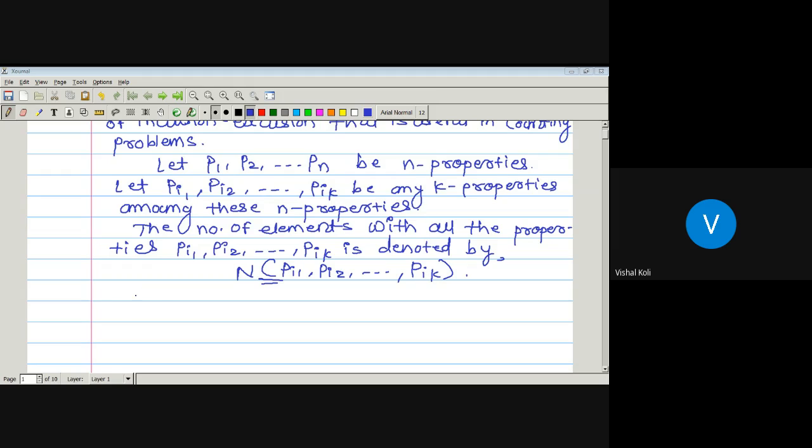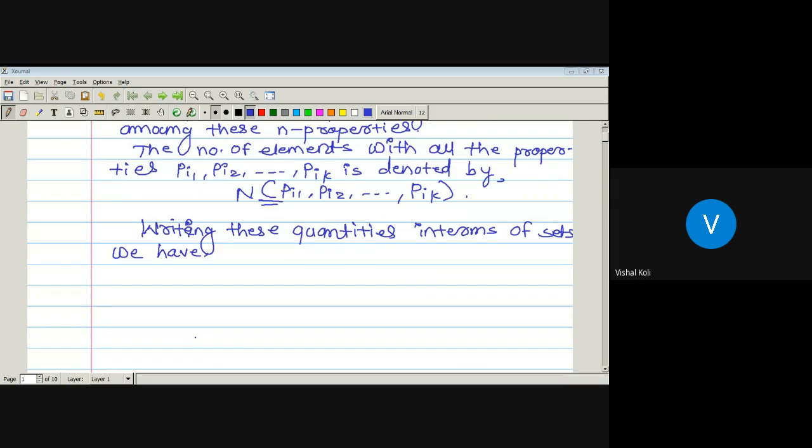So writing these quantities in terms of sets, we have to take the number of elements with all the properties Pi1, Pi2 up to Pik, where Ai1, Ai2 up to Aik are the sets corresponding to the properties.